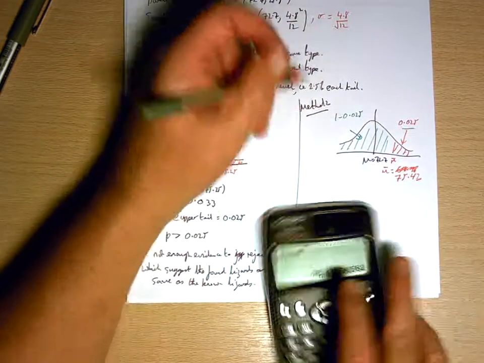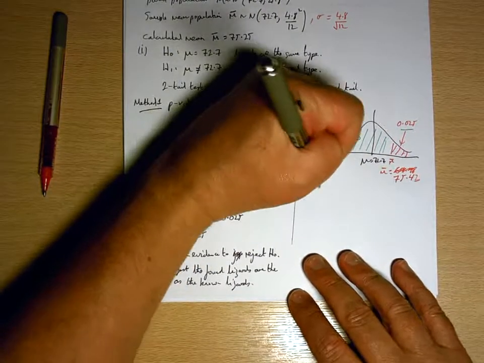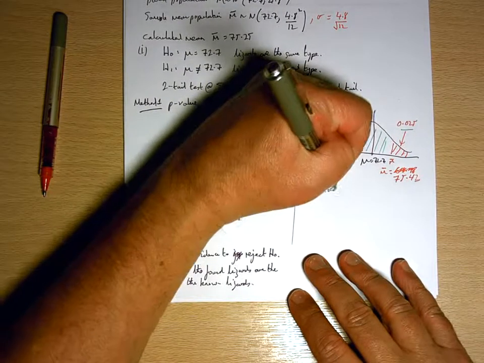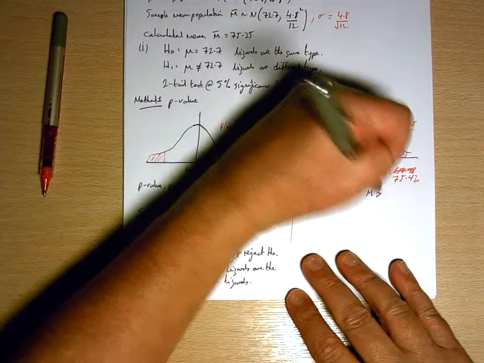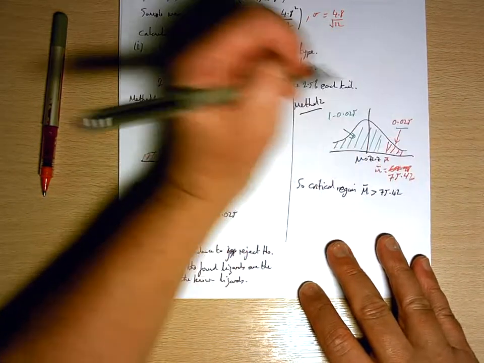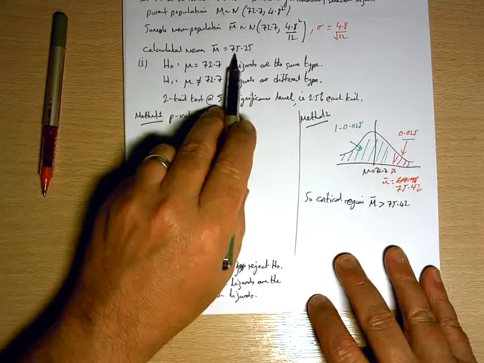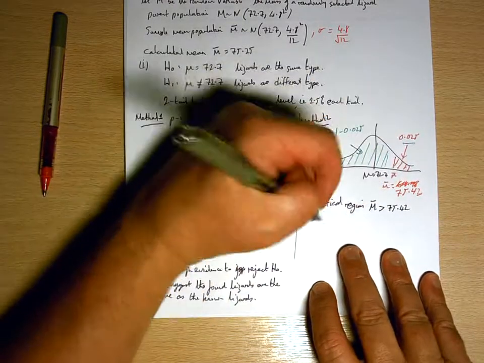75.42. So for the critical region, the mean has to be greater than 75.42. My calculated mean is 75.25.